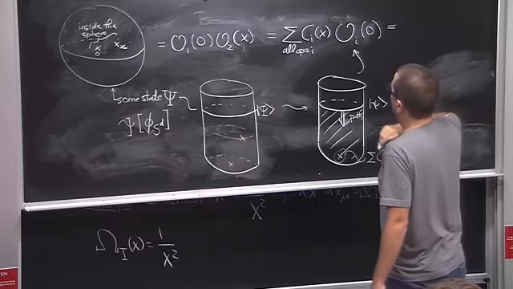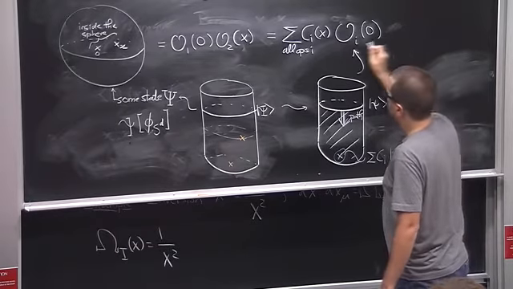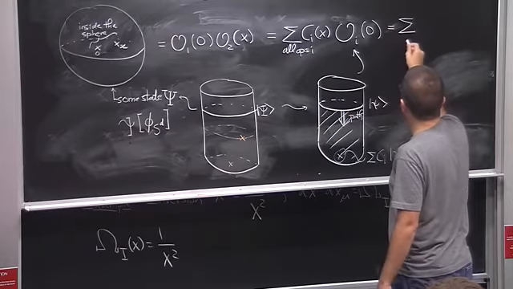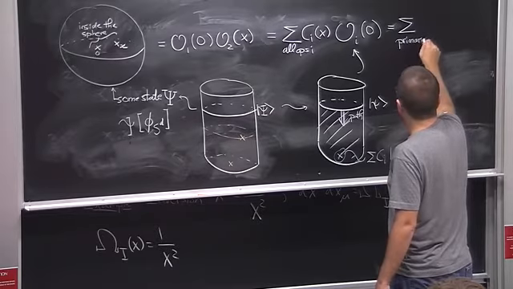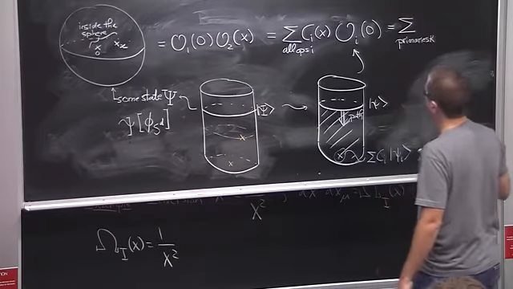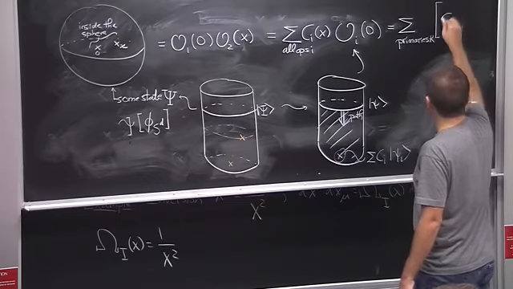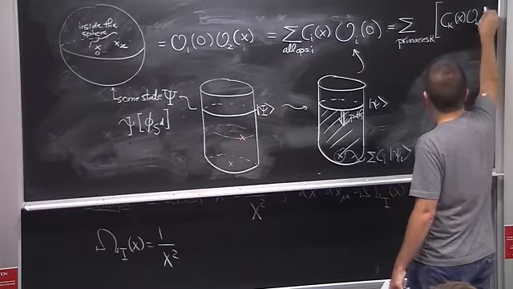Which we can also write in the following way, which is a bit more convenient. Instead of summing over all operators, we say that we sum only over the primaries. Okay? And then we sum over the primaries and we write c_k(x) times O_k(x).